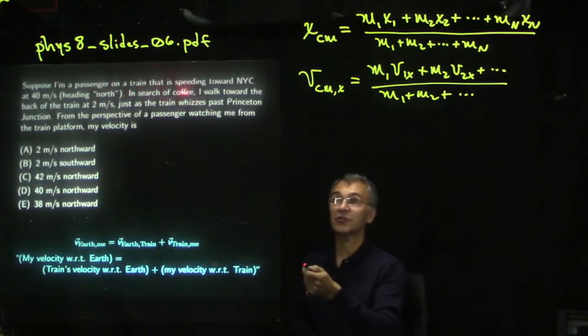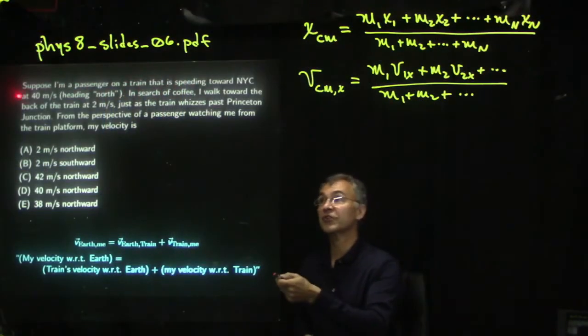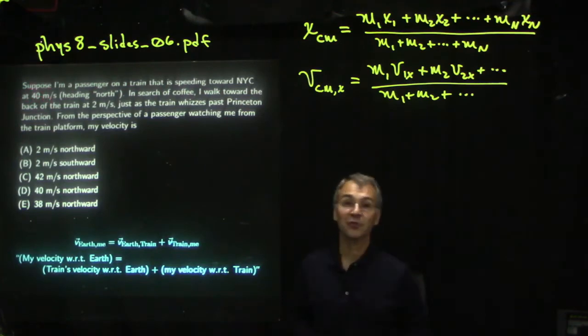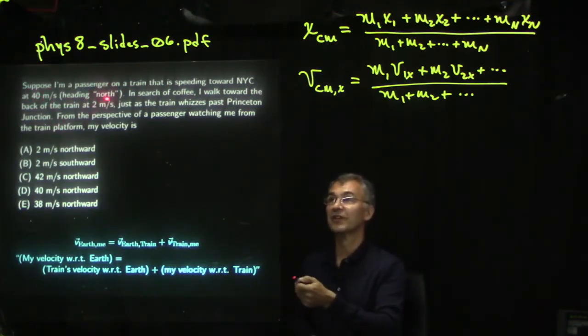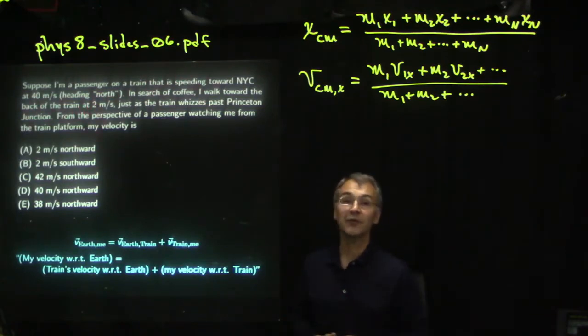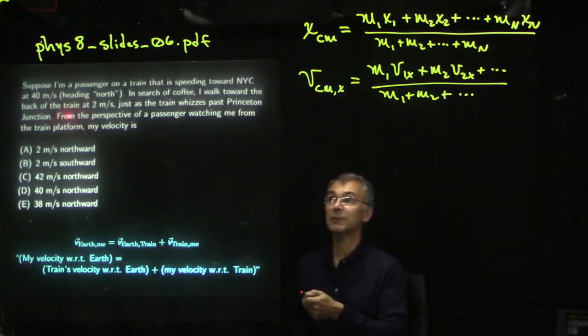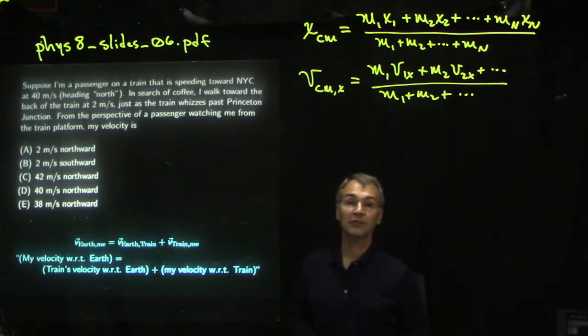Suppose I'm a passenger on a train that is speeding toward New York City at 40 meters per second, heading north. In search of coffee, I walk toward the back of the train at 2 meters per second, just as the train whizzes past Princeton Junction. From the perspective of a passenger watching me from the train platform, what is my velocity?